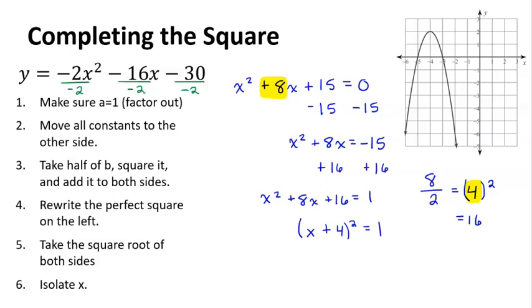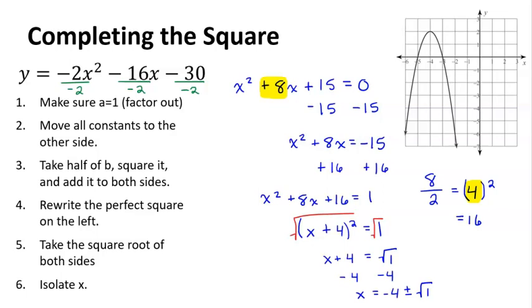From here, we're going to take the square root of both sides, and I get x plus 4 equals the square root of 1. And then from here, I'm going to get x by itself, and I get x equals negative 4 plus or minus the square root of 1.